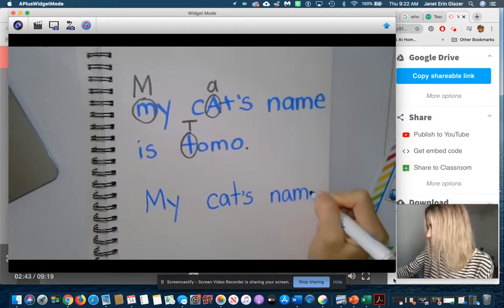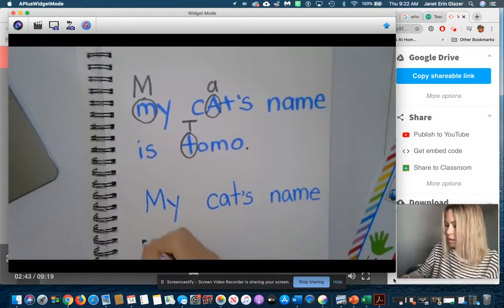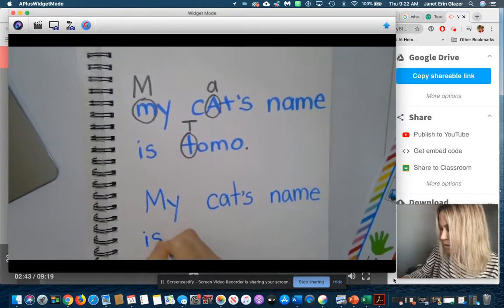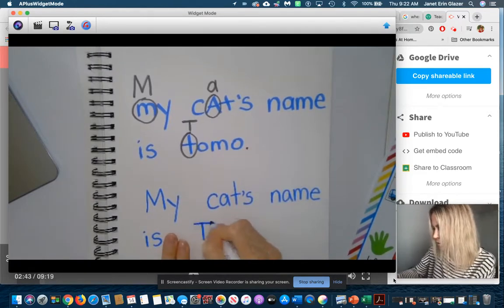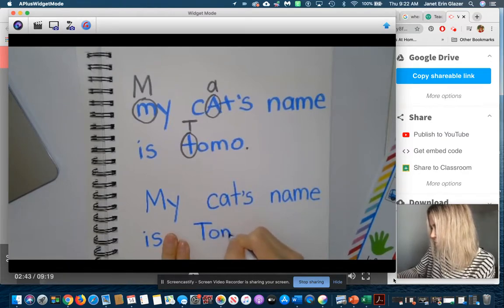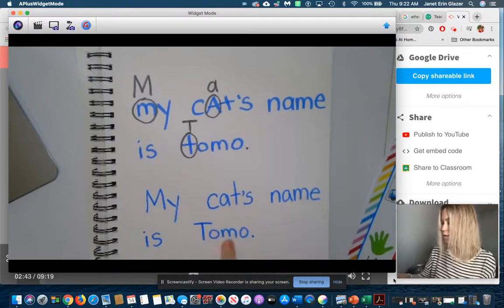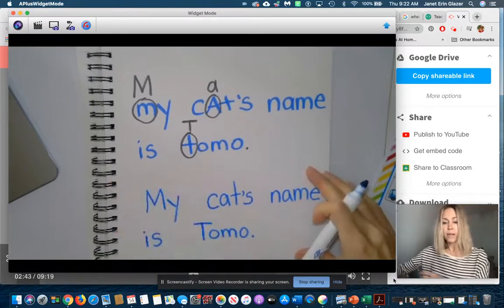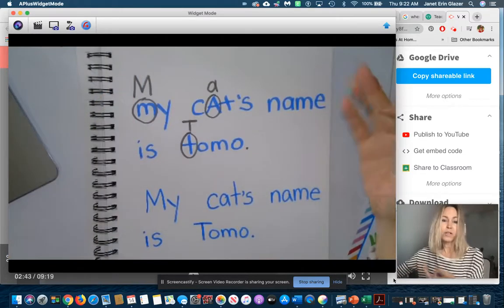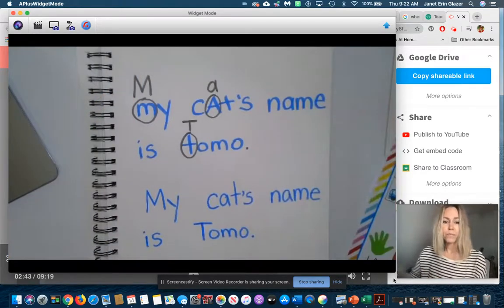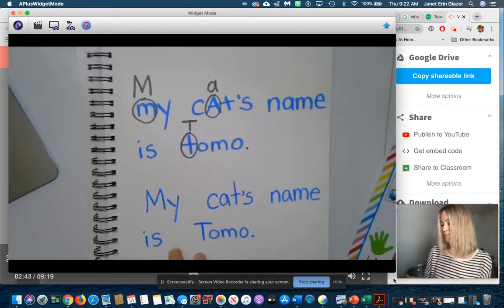Name was already correct. But when I write Tomo, now I'm going to start it with a capital and put a period. My cat's name is Tomo. So you could always then cut that out and glue it on top of your other sentence if it had gotten too messy, or you just don't like the look of having circles all over the place.